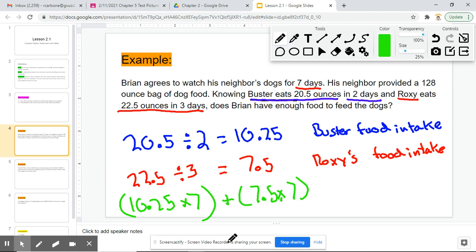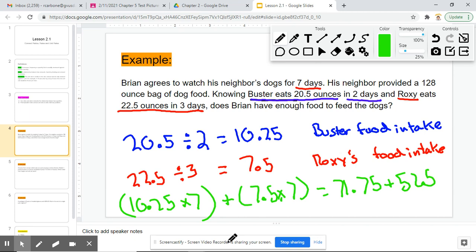So 10.25 times 7 is 71.75. And we're going to be adding to that 7.5 times 7, which is 52.5.